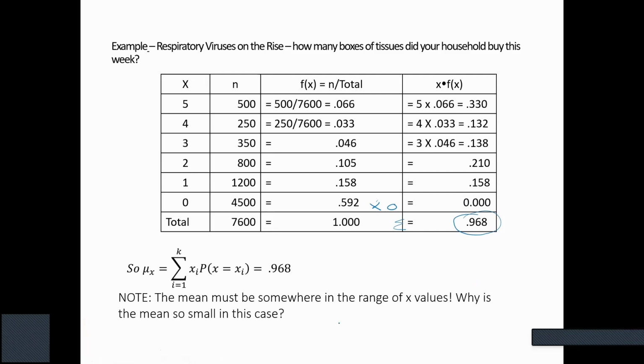Notice the mean has to be somewhere in the range of x values, and the range here goes from 0 to 5. The mean is almost 1. So that is in the range, so that's good. It's very small because most of the people, over half of the people actually, said 0. So it pulled the average way down.